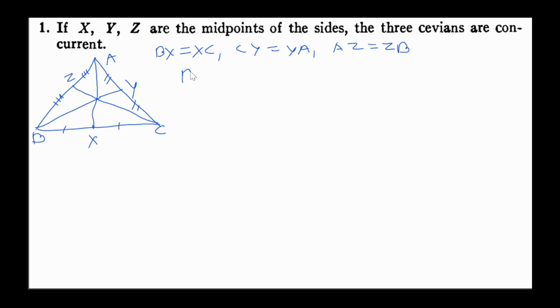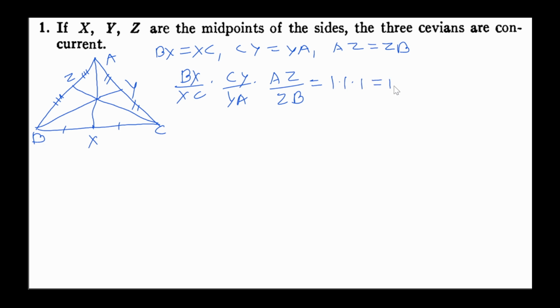So we'll find this ratio BX upon XC into CY upon YA into AZ upon ZB. Now BX is equal to XC, therefore BX upon XC is equal to 1. CY is equal to YA, therefore CY upon YA is equal to 1, and AZ is equal to ZB, therefore AZ upon ZB is equal to 1.